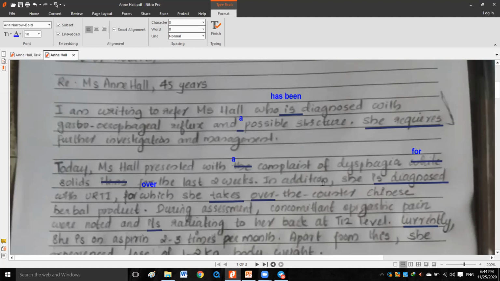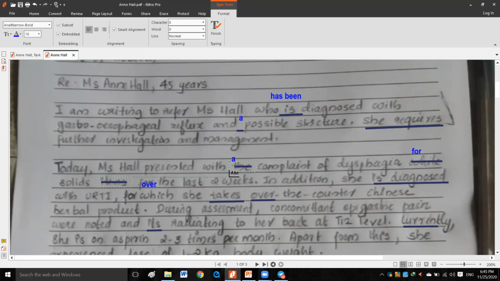Actually, the chronology of your writing is incorrect, because you have to express that this condition started just after the occurrence of the urinary tract infection.